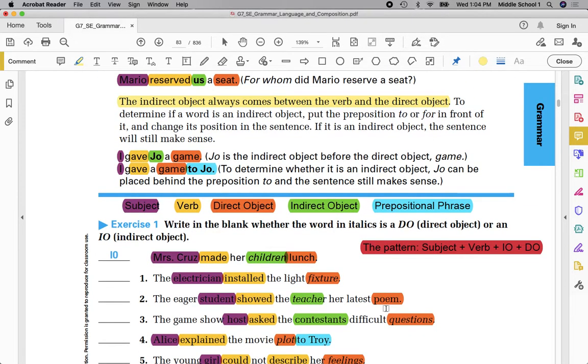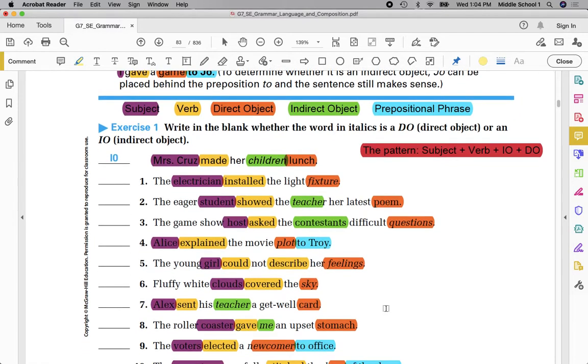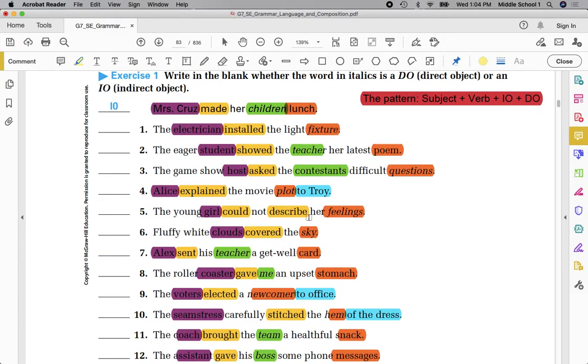Be sure that you have labeled these sentences, number 1 through 12, by placing indirect or direct object on the blank. As we went through the sentence, you labeled or colored these sentence parts: subject, verb, indirect, direct, or if it contained a prepositional phrase.